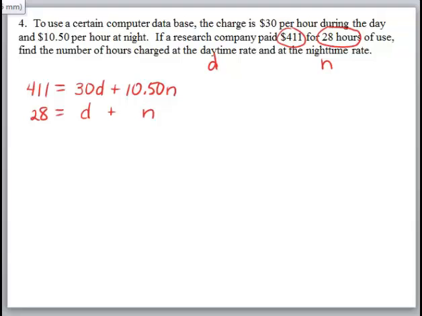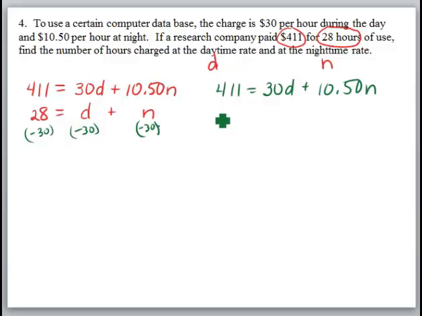In this particular problem, I'm going to go ahead and multiply the second one times negative 30. So my first equation stays the same.